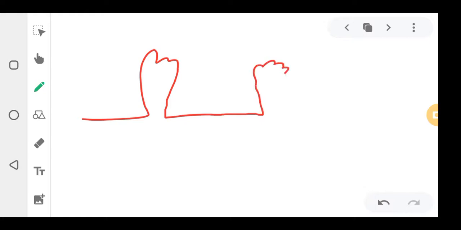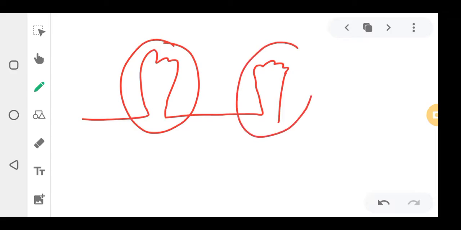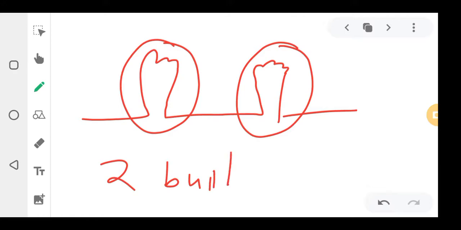And then this means a bulb. This is one bulb, that's another bulb, with a circle and a coil inside. So here there are two bulbs.